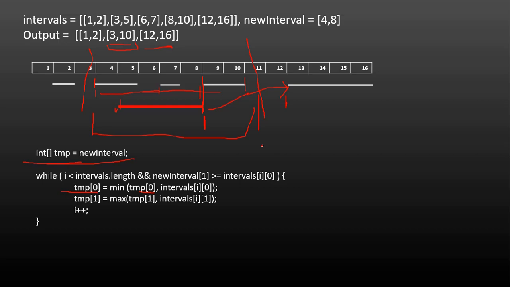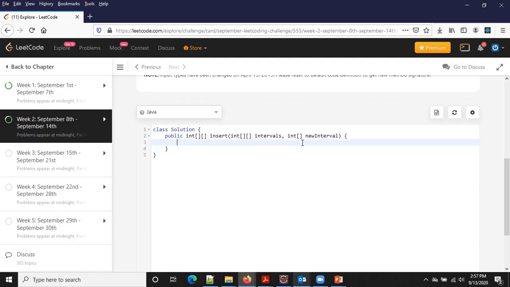So let's write the code for this. I'm writing the code in Java. First I'm declaring I as 0, and length equal to my intervals dot length. The first case was that I need to check all the ranges that are not overlapping at the start, right? I can use those as is in my result array.